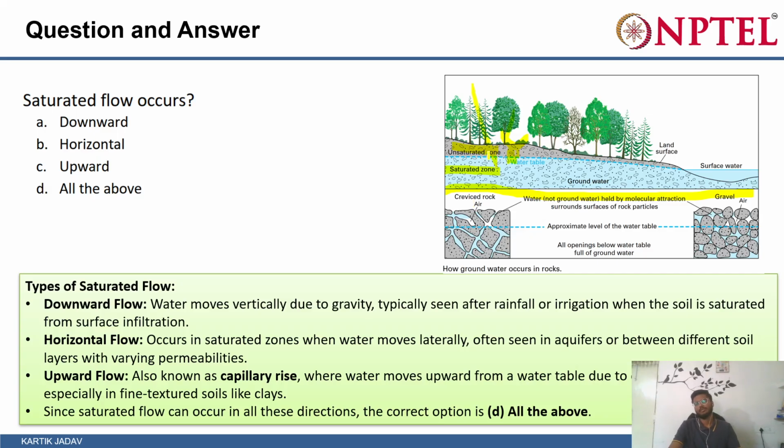So whenever water moves from upward to downward, you know that it is not like that everywhere: the saturated zone is not always just below the surface.